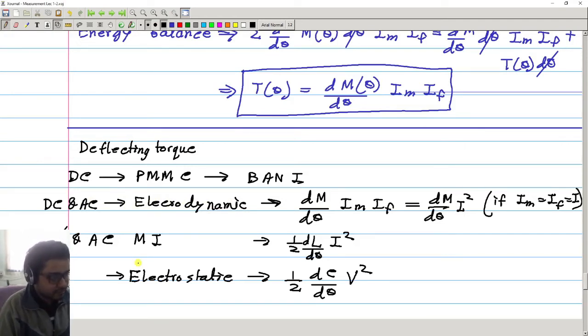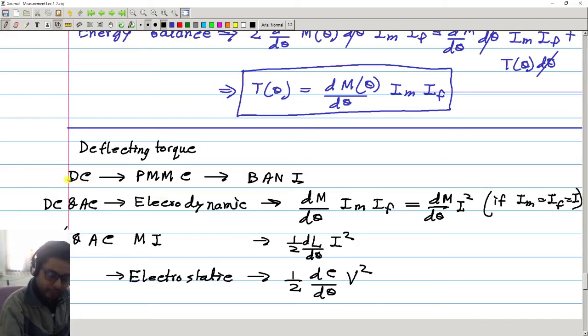Sir, if electrodynamic instruments can measure both DC and AC, why do you use the other instruments? The sensitivity of the electrodynamic instrument is also good, it depends on I square. Why do you use the other instruments? Firstly, this is a good point.